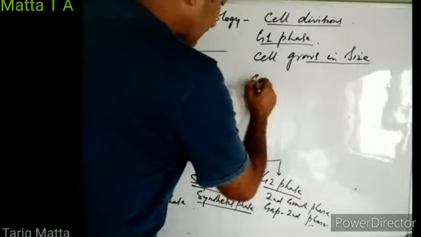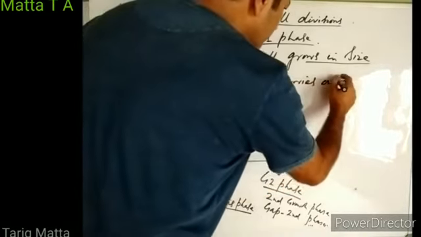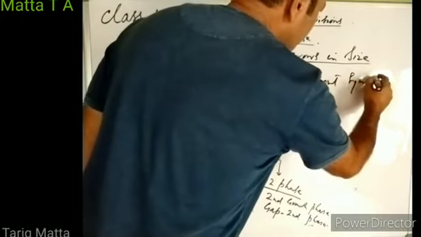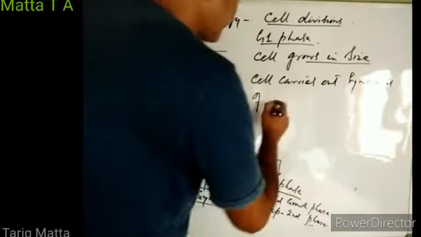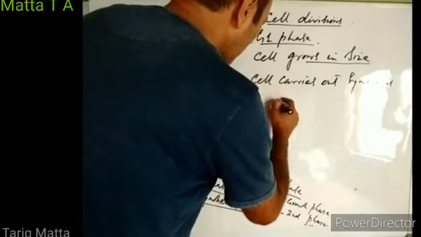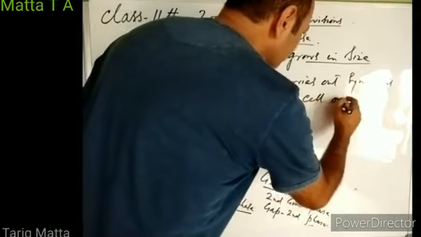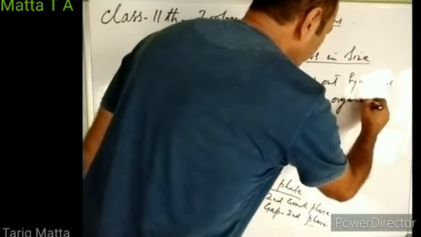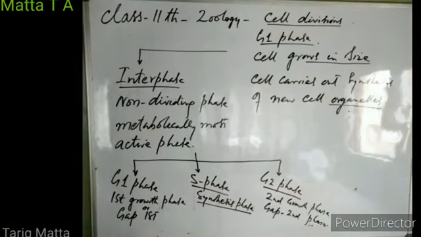In this phase, the cell carries out synthesis of new cell organelles. When the parent cell divides into daughter cells, the parent cell distributes certain cell organelles equally among the two daughter cells.